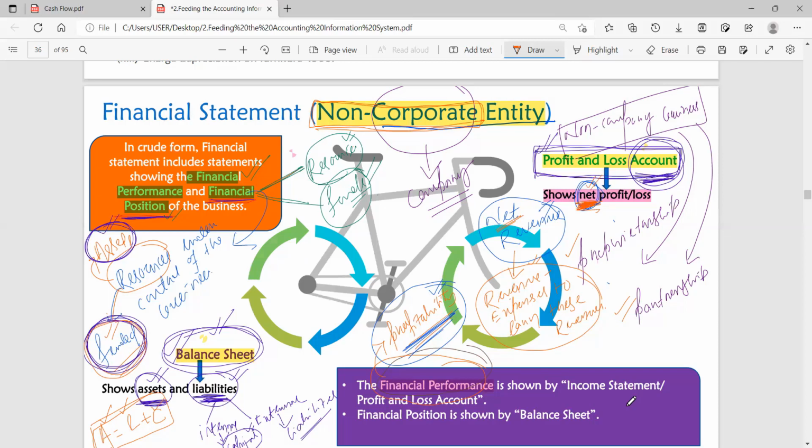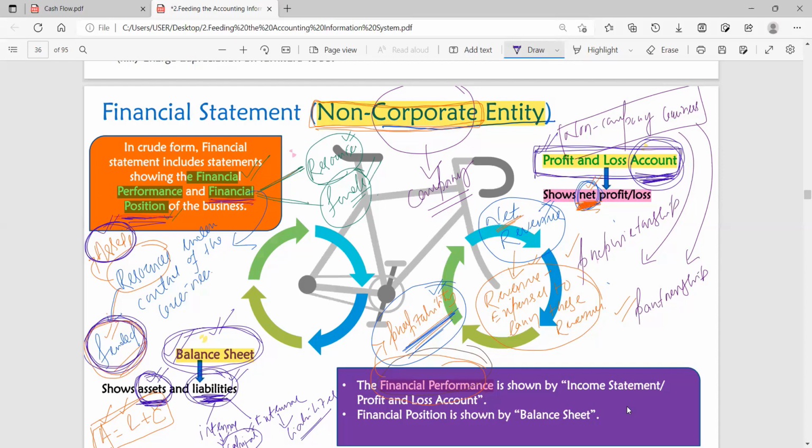And another statement as a part of the financial statement is the balance sheet. Basically, that is the financial position statement, and it discloses the assets and liabilities, the funds and the resources.